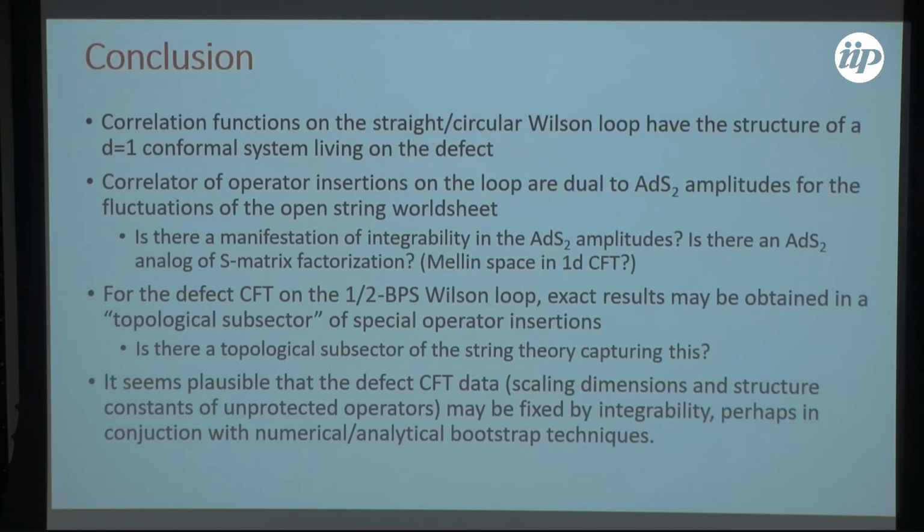It may be interesting to understand whether there is a topological subsector of the string theory which captures this. So some kind of simplified, topological version of AdS/CFT, where you just have a subsector which is exactly dual to this subsector of operators captured by localization.